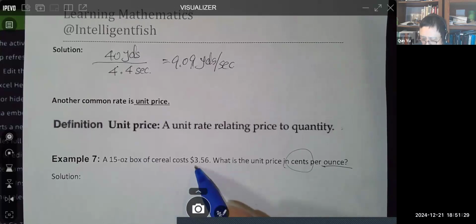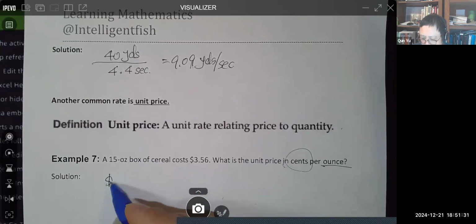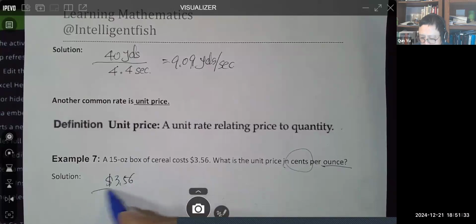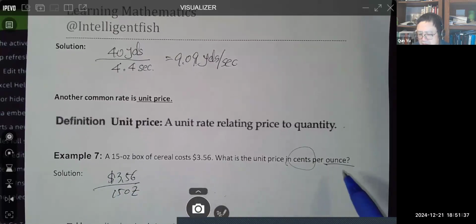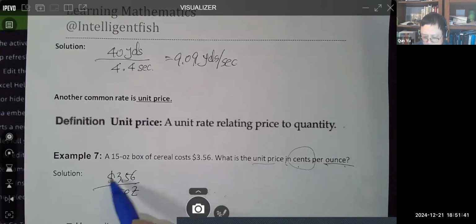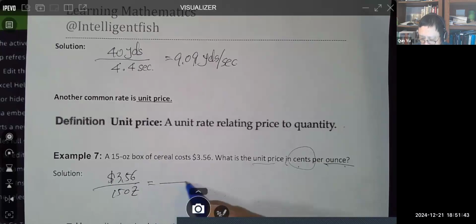This time it is $3.56 divided by 15 ounces. Now pay attention, they ask for the unit price in cents per ounce. This is dollars. So when you convert dollars to cents, just move 2 digits to the right, 356 cents, 15 ounces.